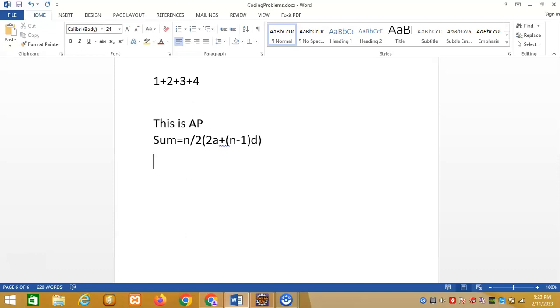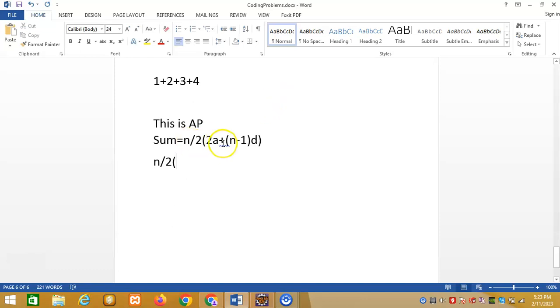Let me simplify this formula for any value of n. Suppose we don't know n, because n will be the input given by the user. So n divided by 2.